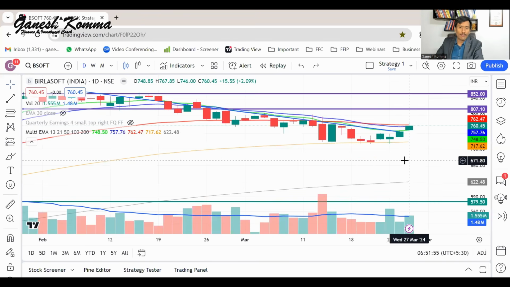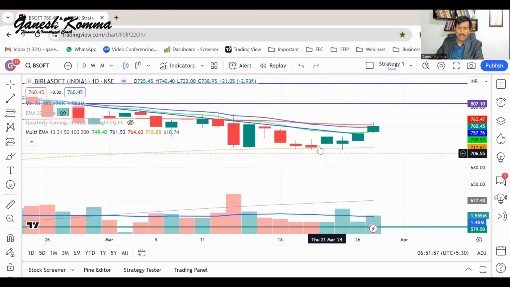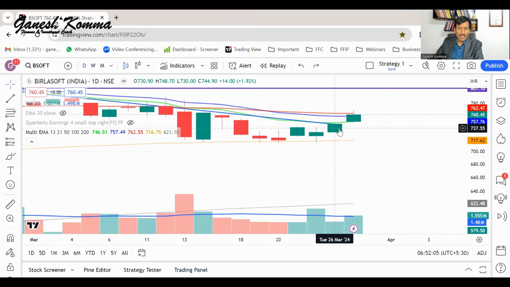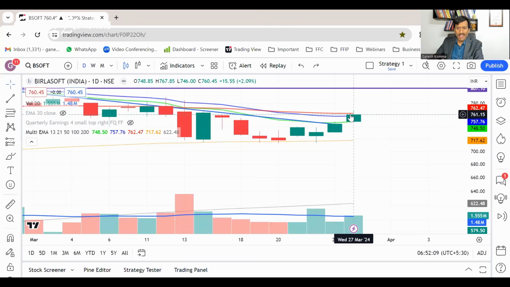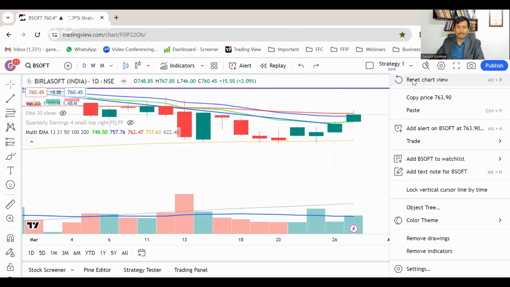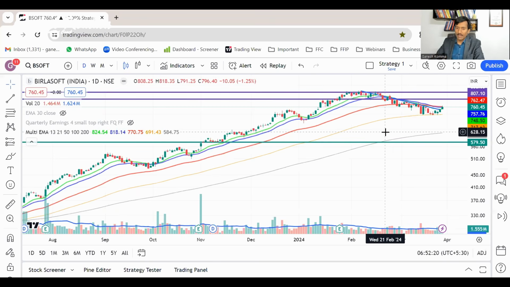And right now, in the last couple of days, from 21st of March, it is slowly picking up strength in terms of price. Now it has come above your EMA 50. Let's see if it is able to trade above EMA 21, EMA 13, which reflects that the strength is again coming up.